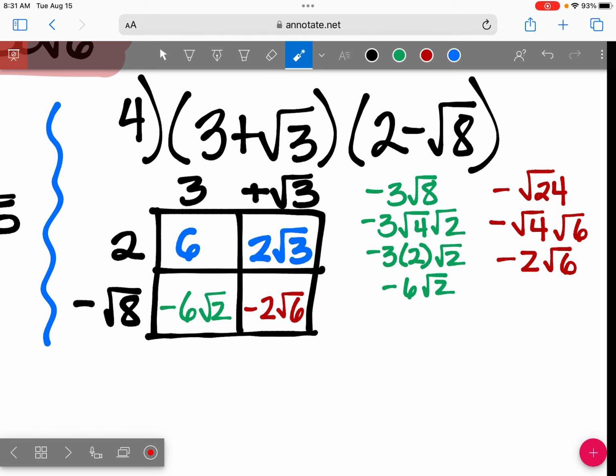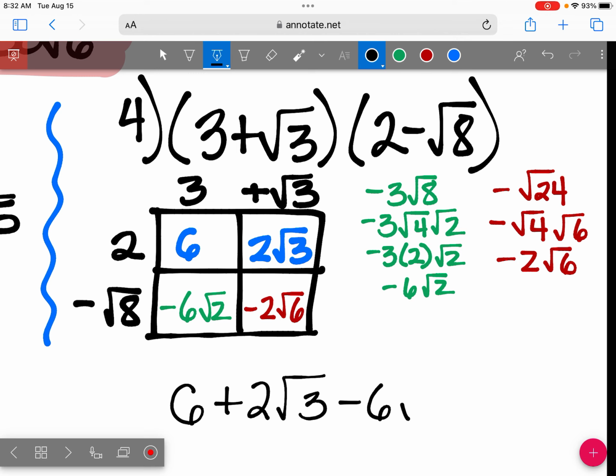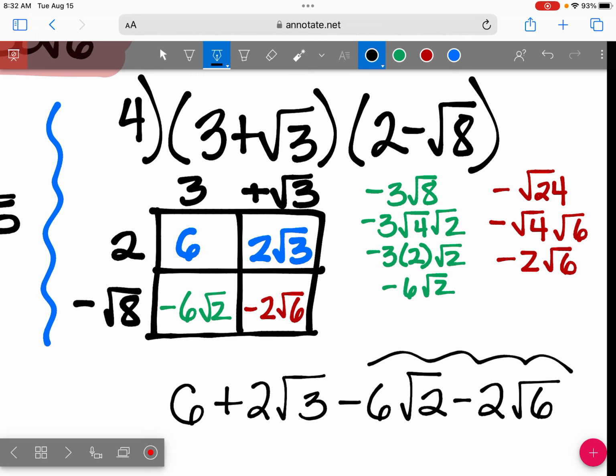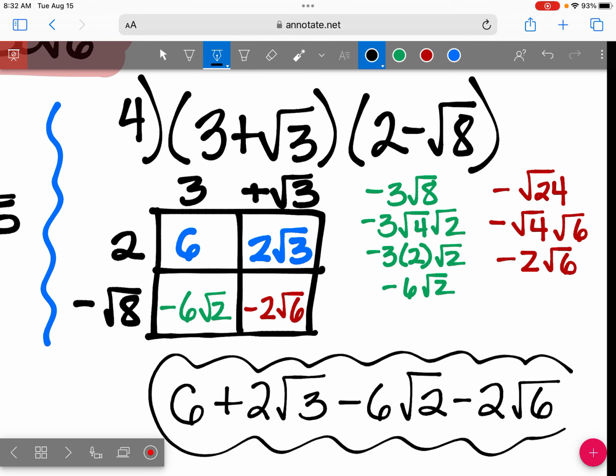My final answer will be 6 and then the other terms. And the order that you take these in doesn't matter. As long as you have 4 terms in your answer, they don't need to be in this exact order to be correct. And that would be your final answer.